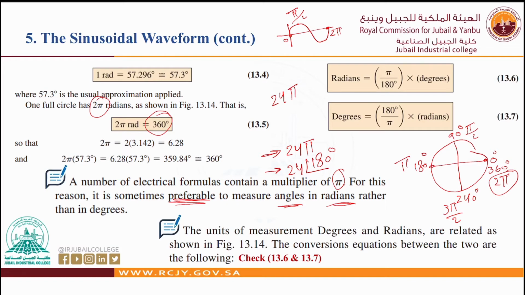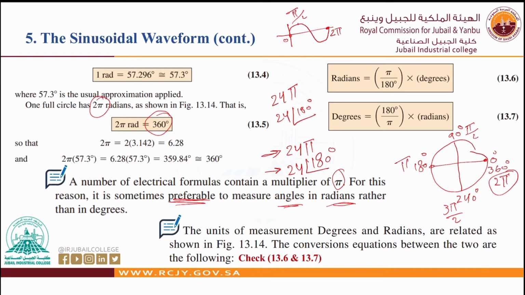But if you need 24 with 180 degrees, you have to go to the calculator settings and change it. So it is easier to have the angles in radians.